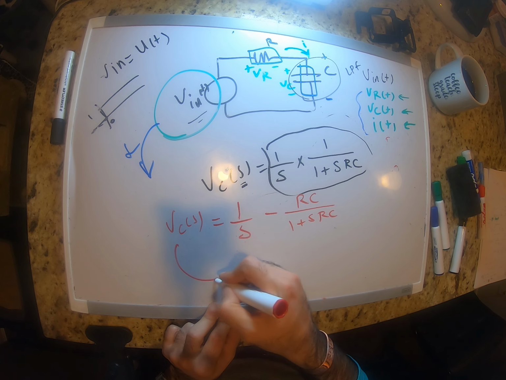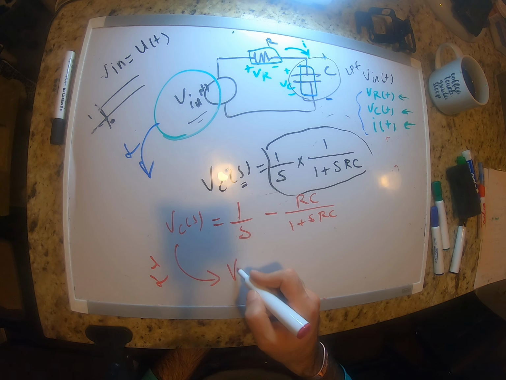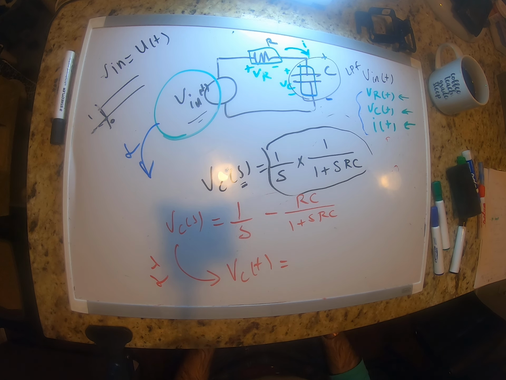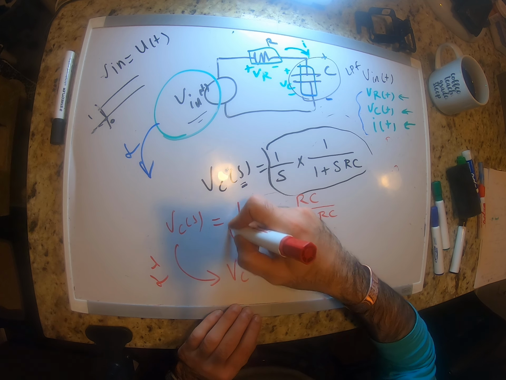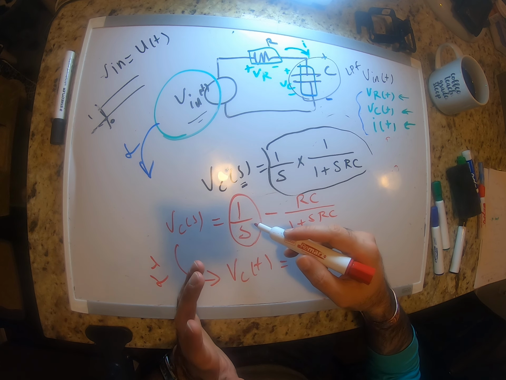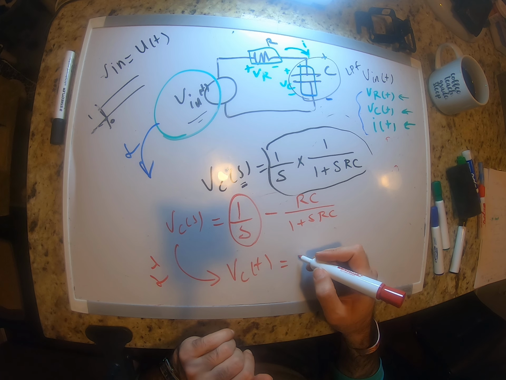Now, do we know how to take the inverse Laplace transform of this one to find the capacitor voltage in the time domain? Of course, this one is in the form of K over S. So that's basically like a constant, right?